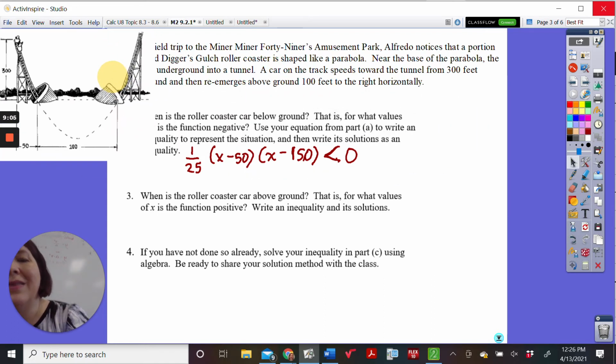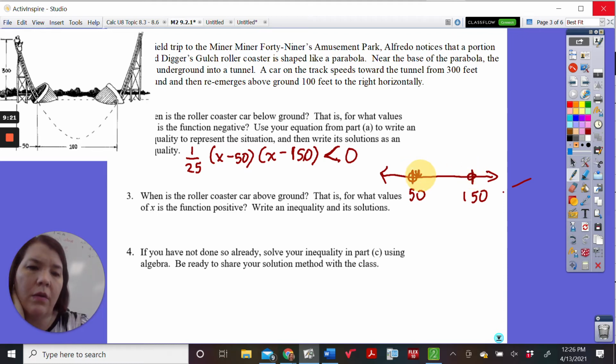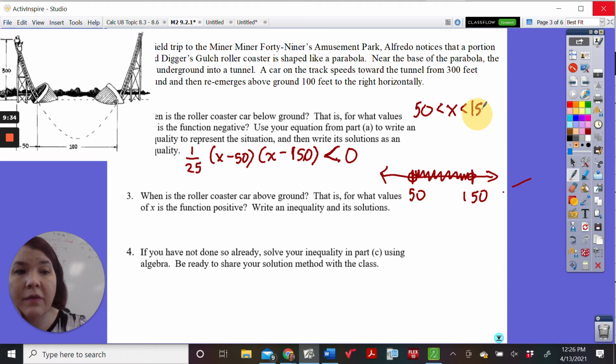So how do I write that as a solution? It's not at 50 or 150. It's not equal, but it's all of these numbers in between. So how do I write that as an inequality? And so it's 50 is less than x, which is less than 150.